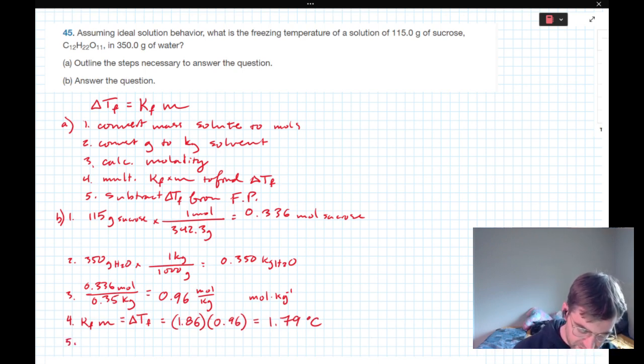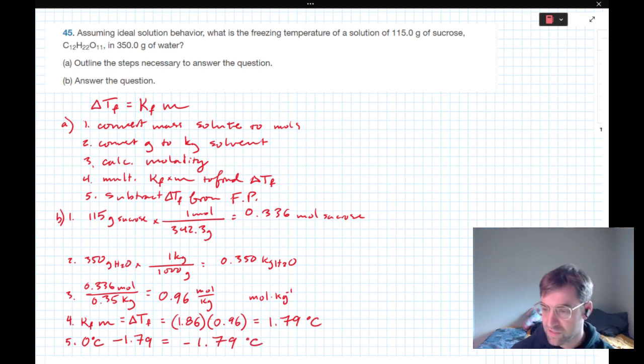For our final step, we take our original freezing point minus... the original freezing point of water is 0 degrees Celsius, which makes this math pretty easy. And so our new freezing temperature is negative 1.79 degrees Celsius.